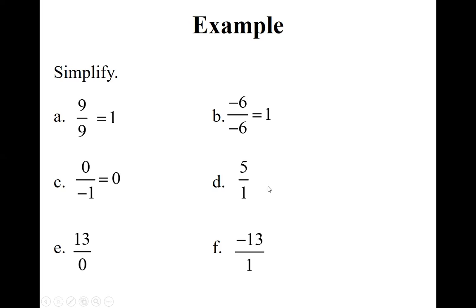Any number divided by 1 is itself, so 5. 13 divided by 0, we can't divide by 0. We can't have 0 on the bottom. That's undefined. And -13 over 1. Any number over 1 is itself, -13.